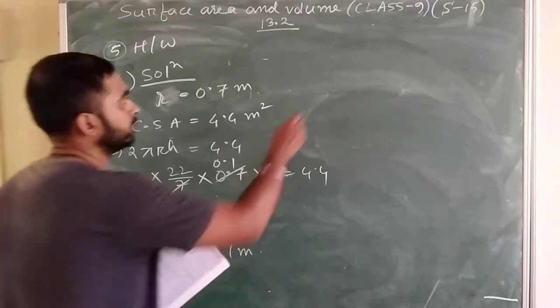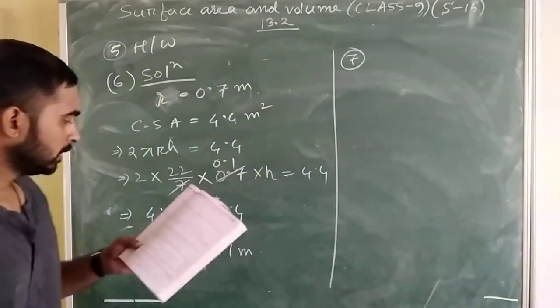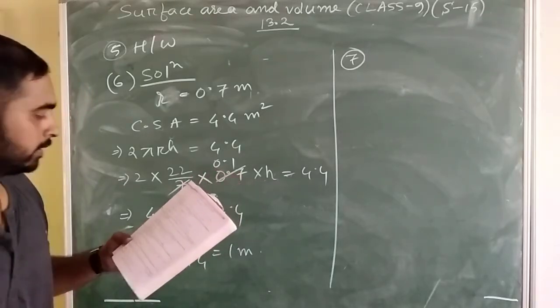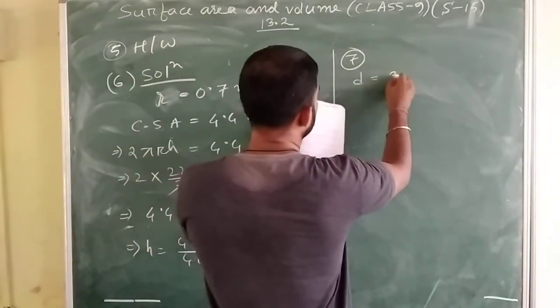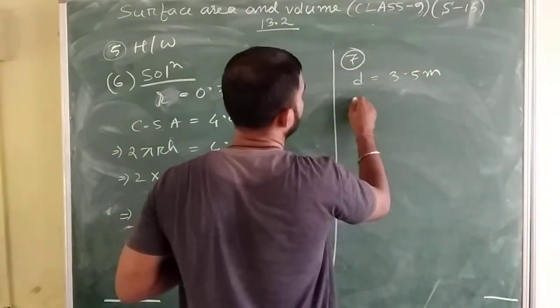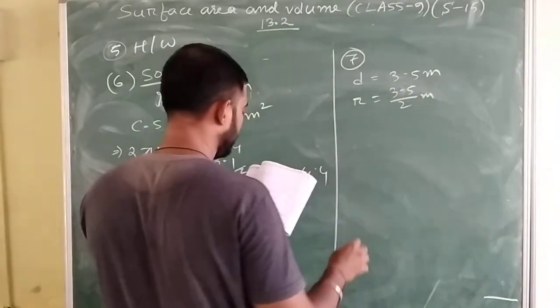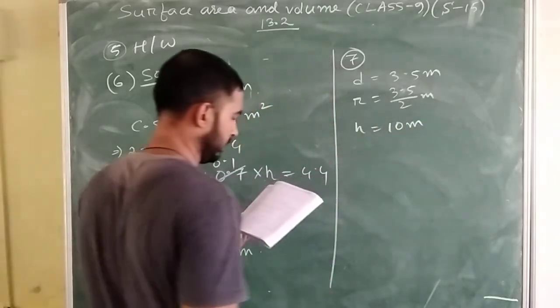Now see question number 7. The inner diameter is given, and the height is given as 10 meter. Inner diameter D equals 3.5 meter, so R equals 3.5 by 2 meter. Height equals 10 meter. Find the inner CSA.